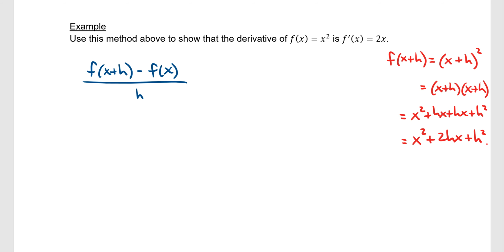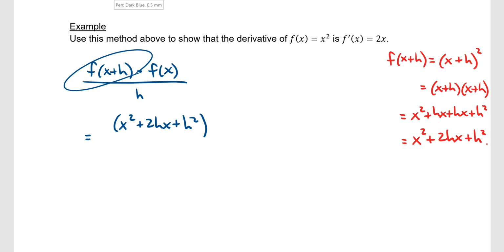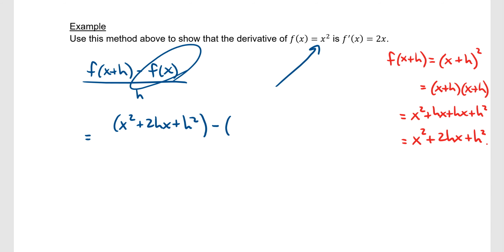So let's go ahead and substitute into the difference quotient. Instead of f of x plus h, we can rewrite x squared plus 2hx plus h squared, because that's what f of x plus h is. And then we have minus f of x. Well, f of x is just minus x squared, and that's all over h.